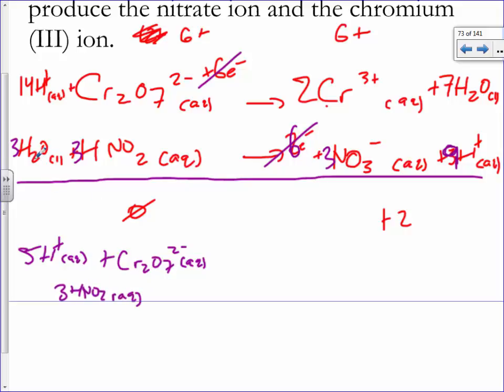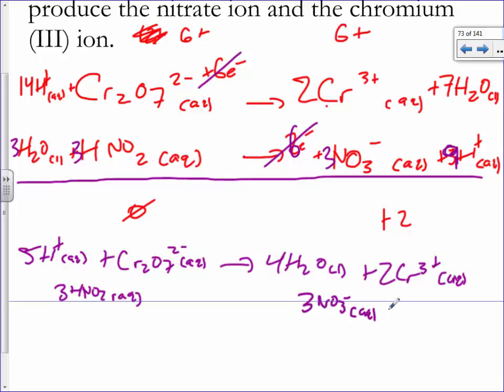Okay, there's 3 waters sitting right here. But there's actually 7 waters on the product side. So we don't actually need any water on the reactant side. We need to make 4 waters show up on the product side. That makes sense? You're also going to need your 2 chromium ions. You're going to need your 3 nitrate ions. And I think this hydrogen right here is already canceled. So I think that's it now.